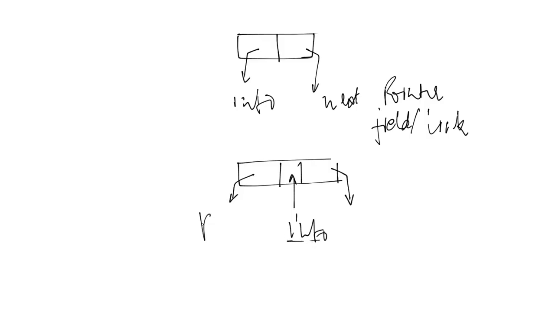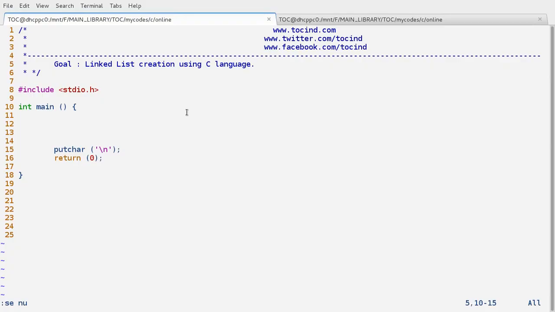This is the previous link, this is the next link, and this is the info field. Apparently we are going to cover a one-way list, and we are going to demonstrate it using C language.